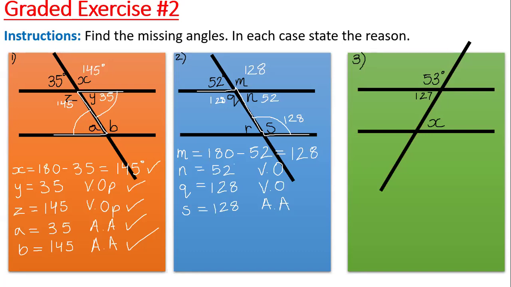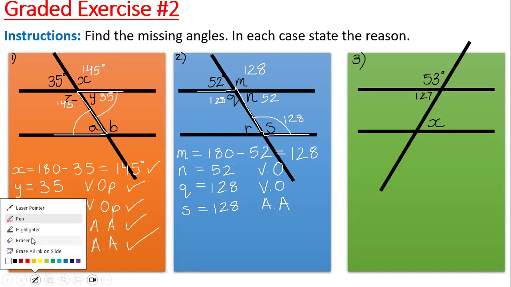It was the top piece. This is a bit confusing because vertically opposite angles and alternate angles both have the same answers at a point. It's kind of tricky, but put it together. That's a good point you made.